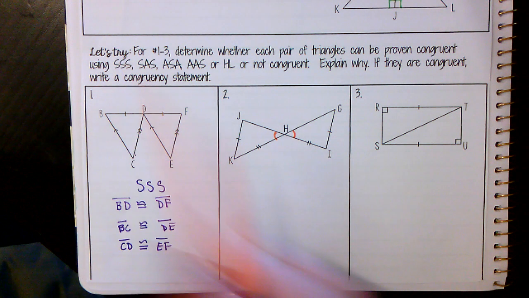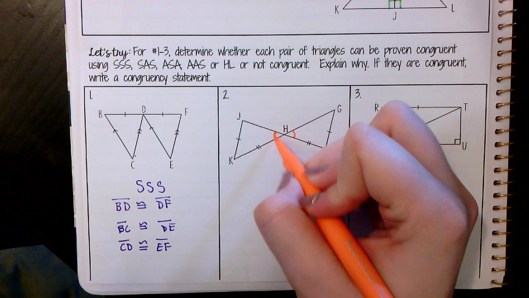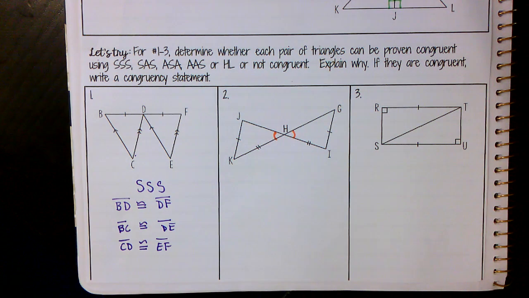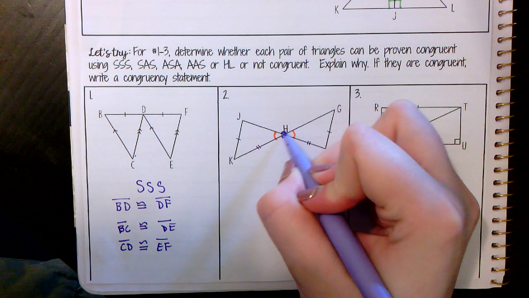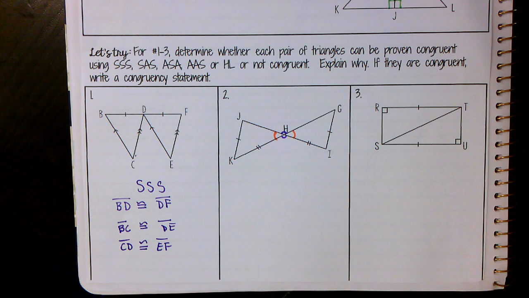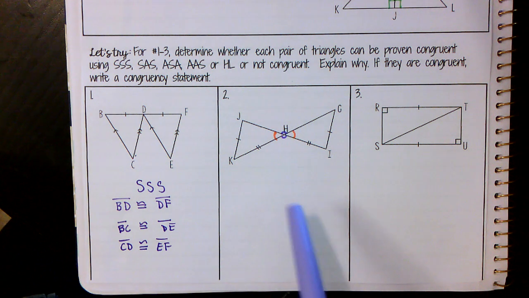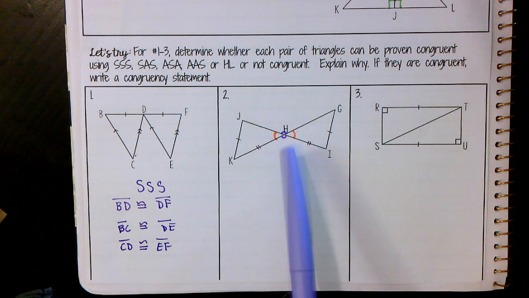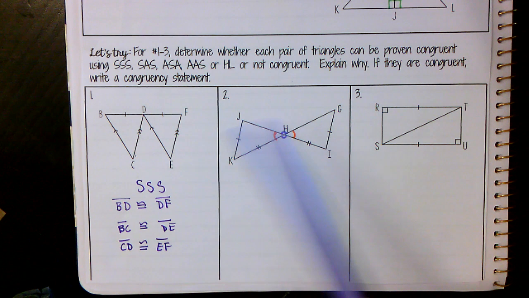So we have side, side, side. If these angles are the same, then these angles are also the same. And when I look at this, I do not see how any of these match up to anything that we have.